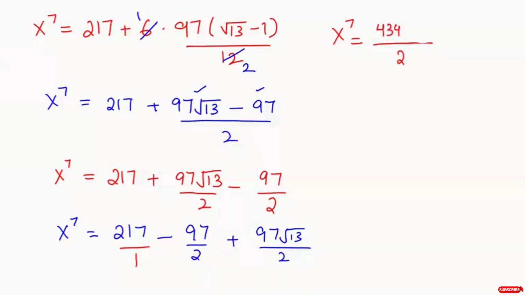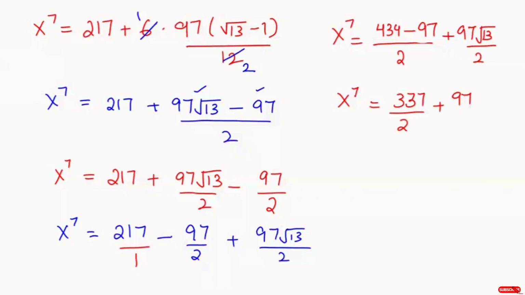Now this 2 one time give us 2, and 434 minus 97 plus 97 root of 13 over 2. Now this will be equals to x to the power of 7 is equals to 337 over 2 plus 97 root of 13 over 2. So here we get the final answer.